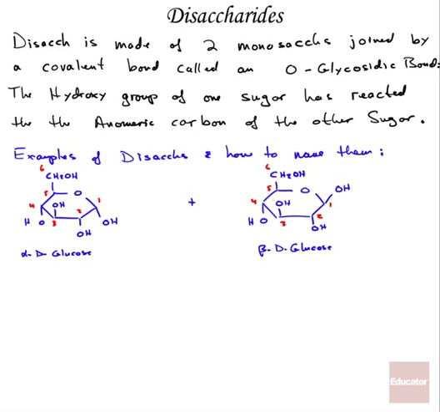This is a condensation reaction: the elements of water are taken away. The hydroxy on the anomeric carbon goes away, and the hydrogen on the oxygen on the number 4 goes away.